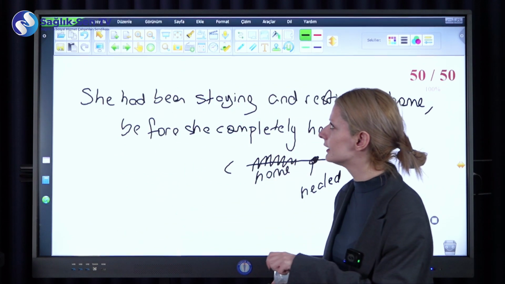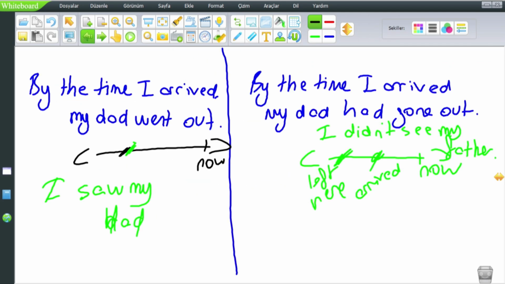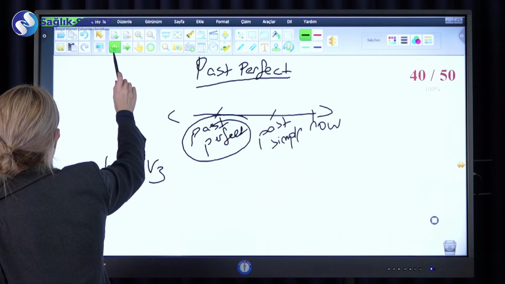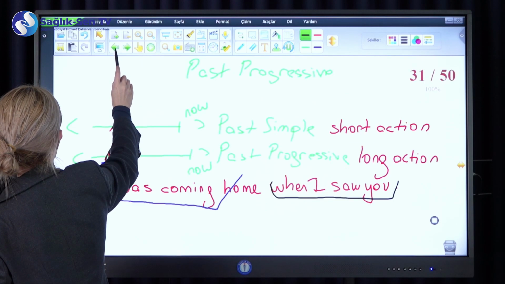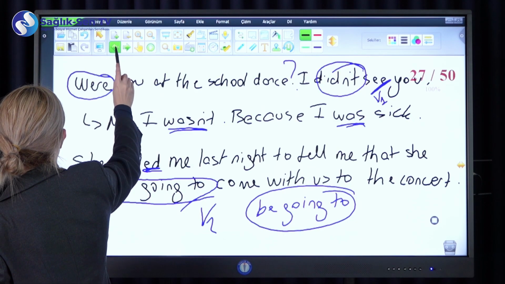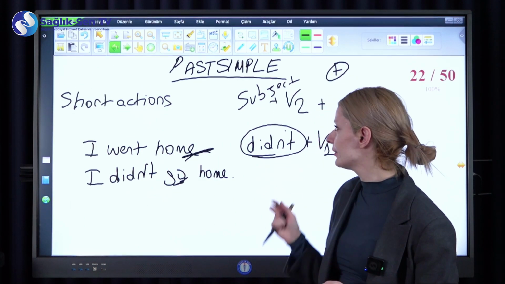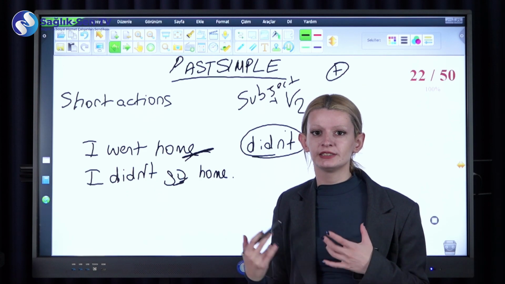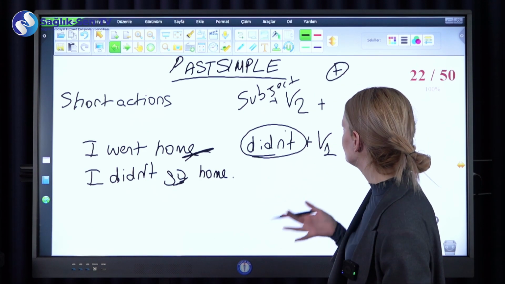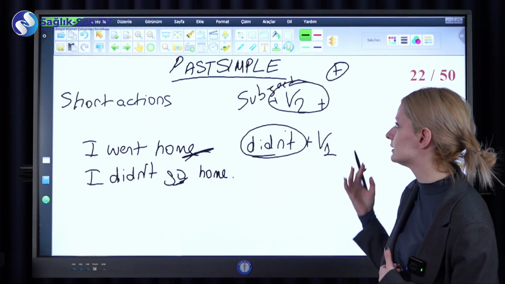So, let's review what we have studied so far. We have started with past simple. We said that we're talking about short actions that happened in the past, and we use verb 2 when we're making a sentence using past simple.